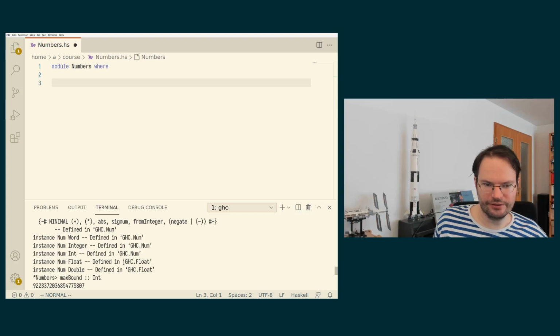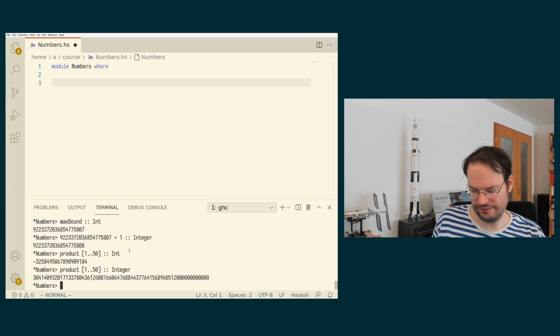Otherwise, Int and Integer support pretty much the same operations, which is why there is another type class that basically unifies these two. We'll see that in a moment. Or, well, these two and possibly more. There's also Word, we can see here.